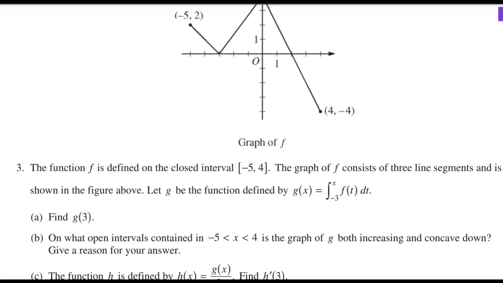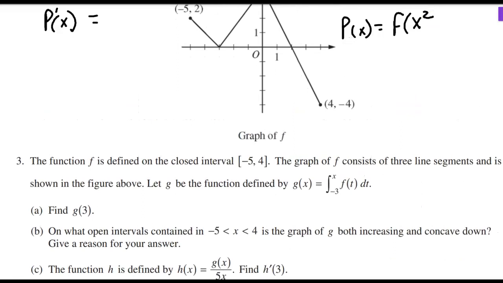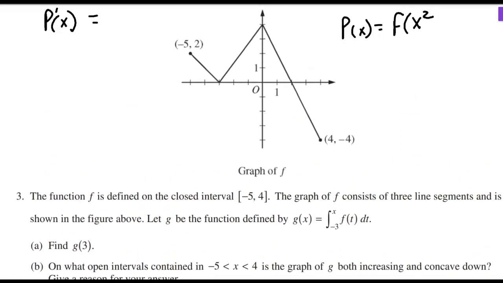So to find p prime of -1, the first thing we want to do is find p prime. Now, since p is equal to f of x squared, and I think it was plus x, right? No, minus x. We're going to have to do a chain rule on this one, okay?